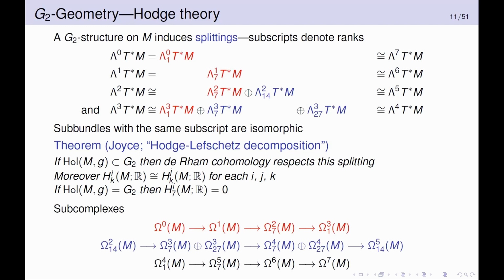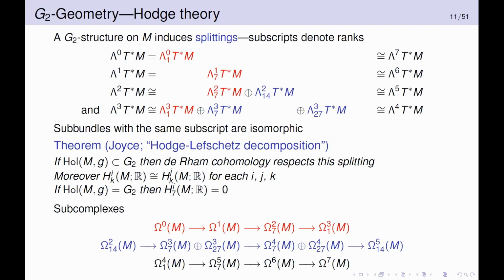And what you could do, you could look at subcomplexes of the de Rham complex by projecting the differential if necessary, or restricting and projecting. There is a red one which only contains forms from degree 0 to degree 3. You can see it up there also. There's the blue one that starts with 2-forms, goes into 3-forms, and then you take the analogous part of the 4-forms and the analogous part of the 5-forms, and that's it.